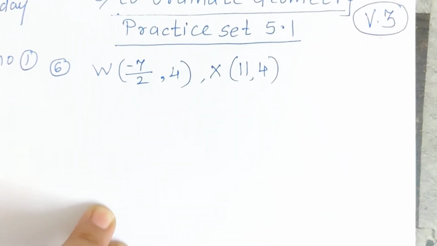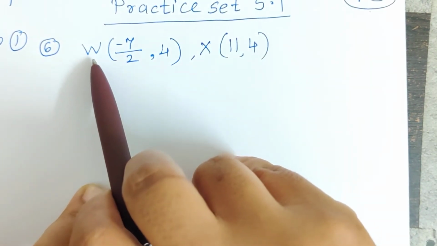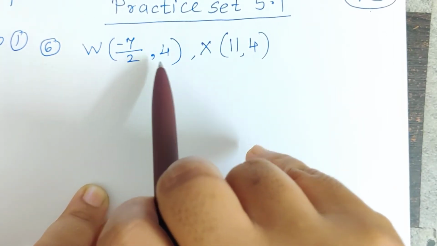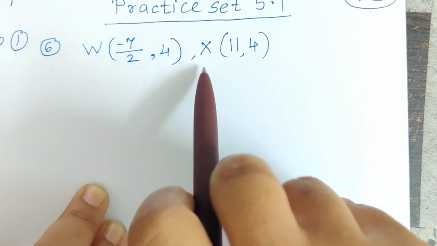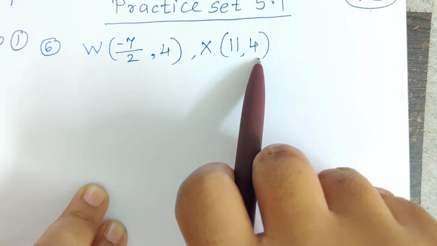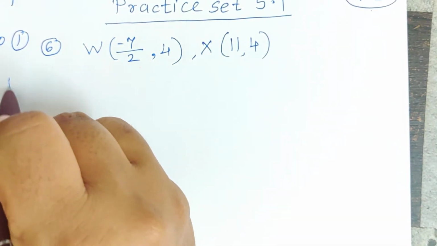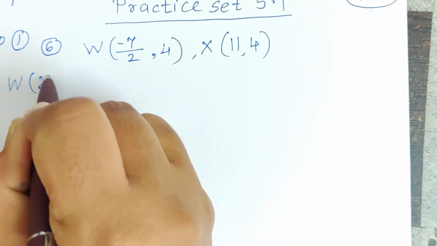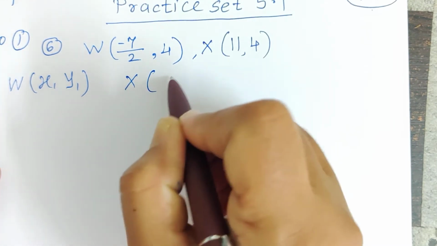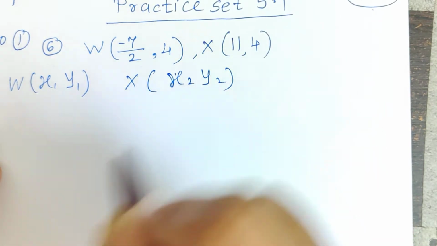See what is given in example number 6. The coordinates of the point W are -7/2 and 4, and the coordinates of X are 11 and 4. Suppose the coordinates of W are x1, y1, and coordinates of X are x2, y2.